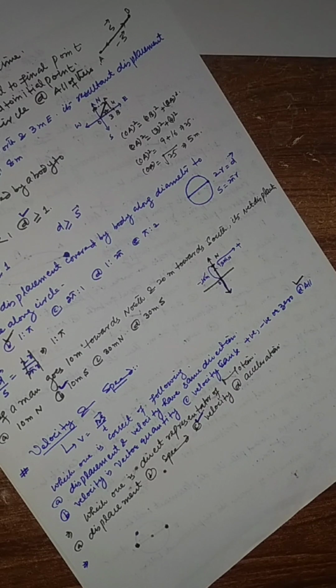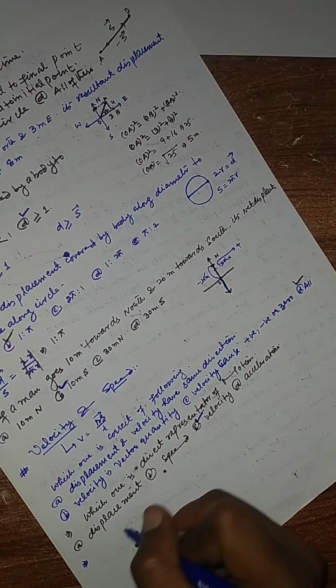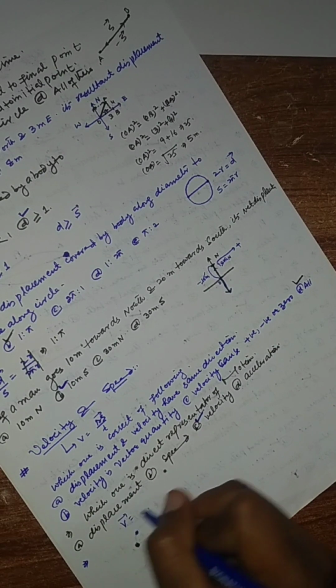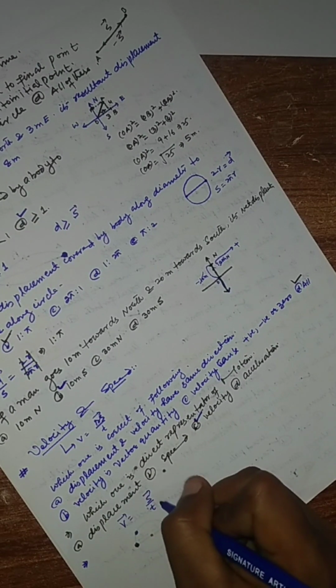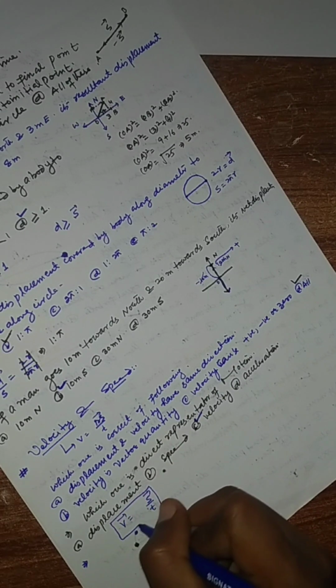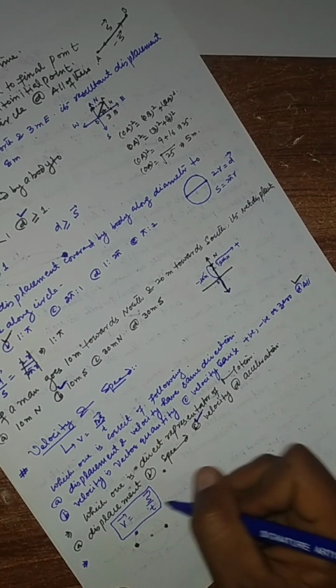Then if we take velocity is equal to displacement over time. Okay, this is the formula for velocity.